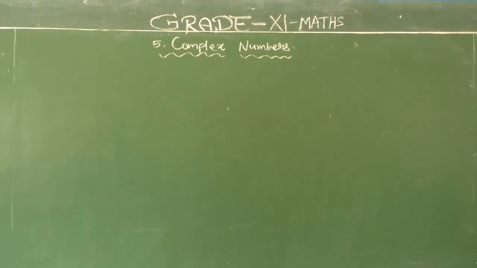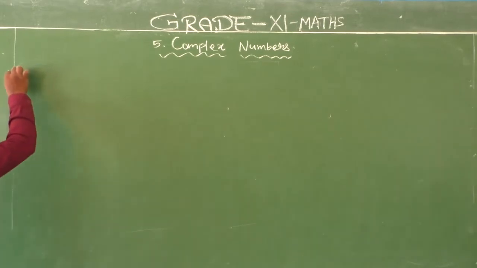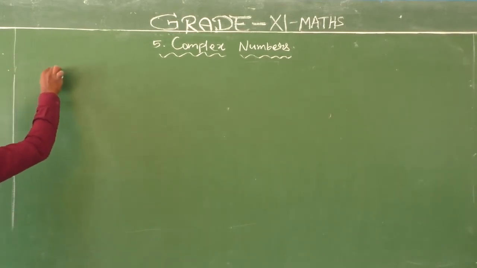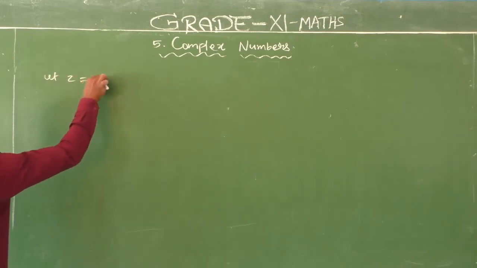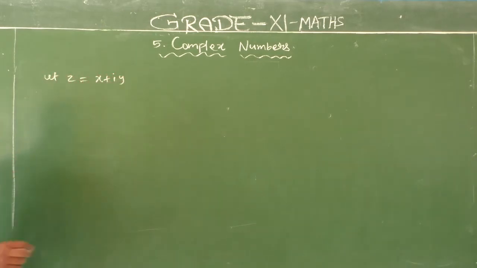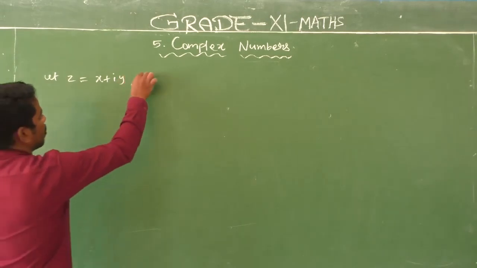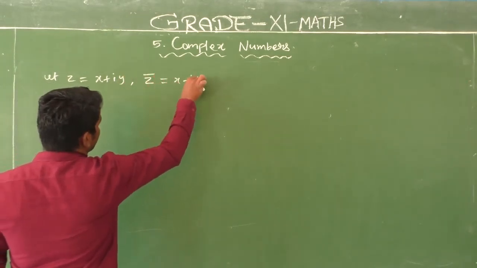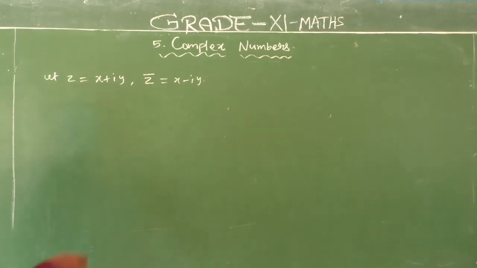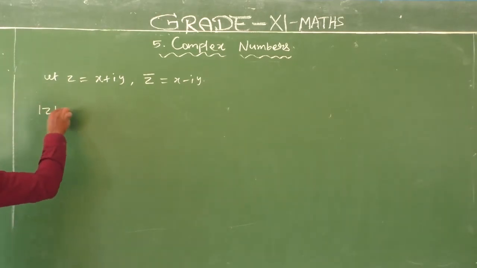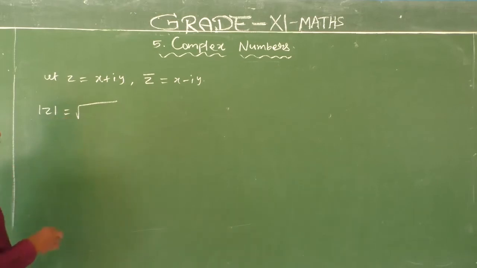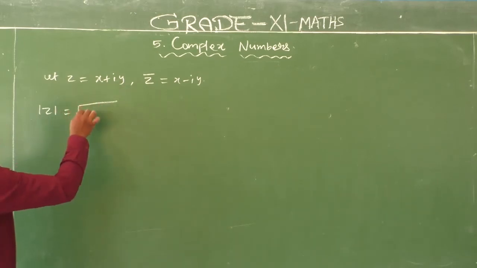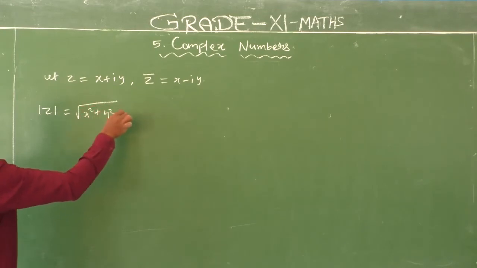Next very important property, the relation between conjugate and modulus. Let z equal to x plus iy, and the conjugate of z, that is z bar, is x minus iy. Modulus of z, you know, the modulus of the complex number is the root of real part square plus imaginary part square. So modulus of z is root of x square plus y square.